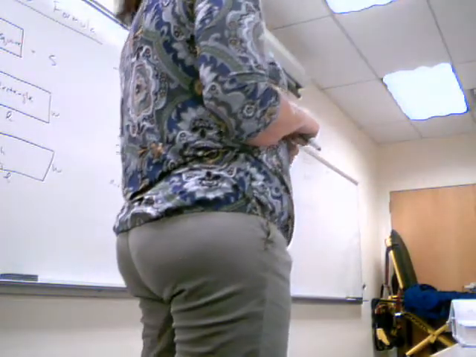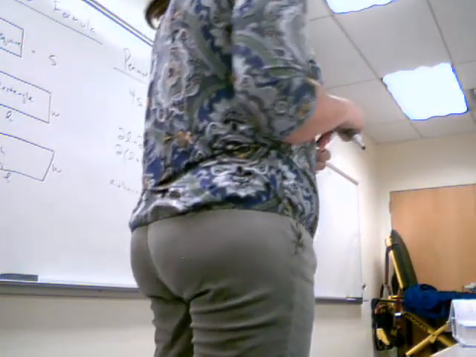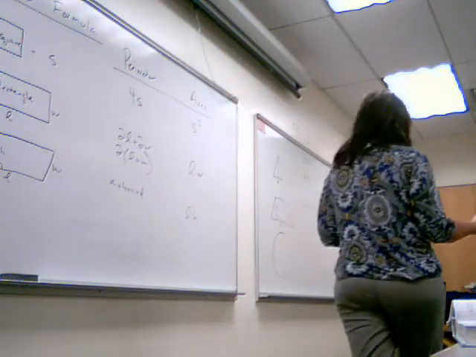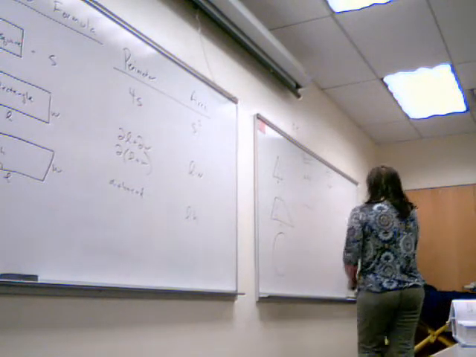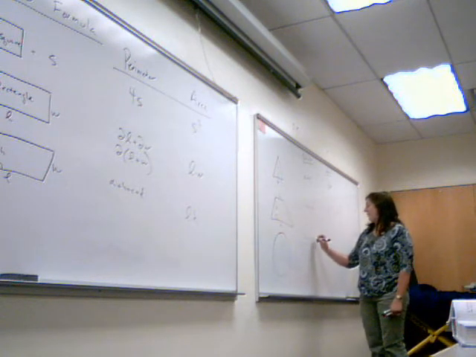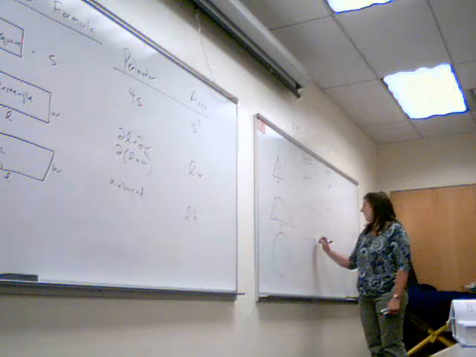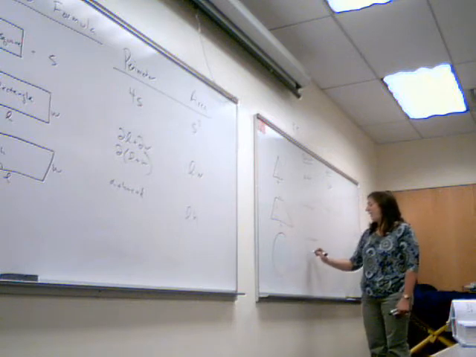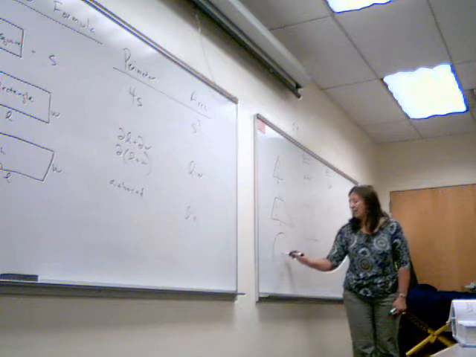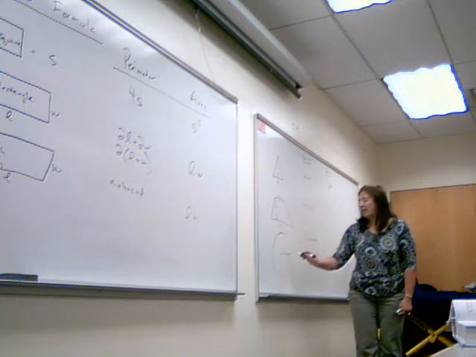Circles. What's my formula for a circle? Well, my perimeter is the circumference, right? 2 pi r. Oh, there we go. Very good. 2 pi r. Okay? And remember with circles, we know that the radius goes halfway, right?